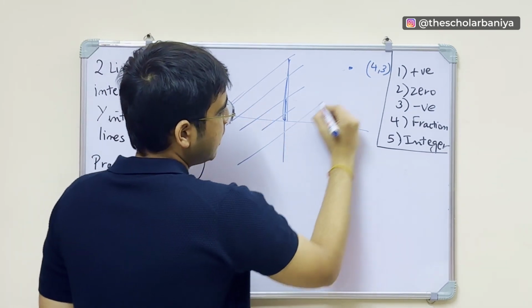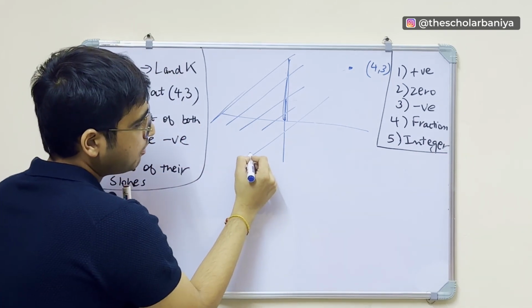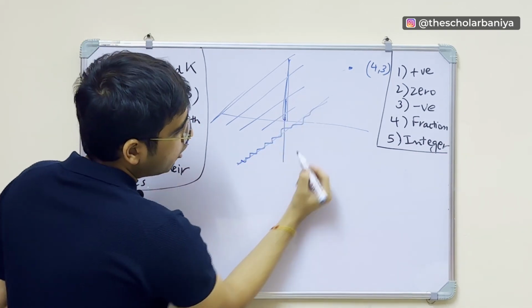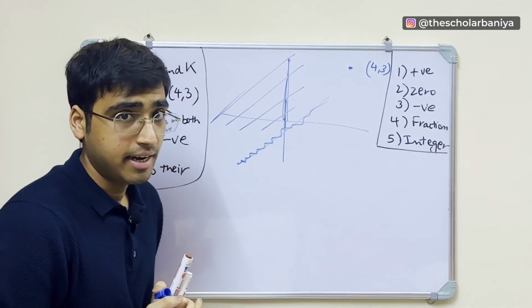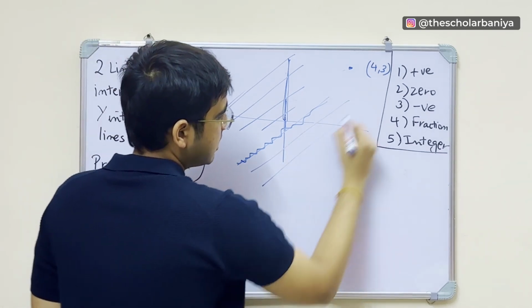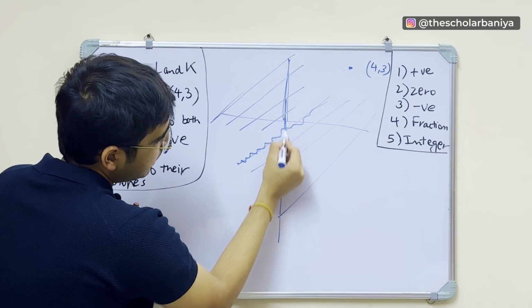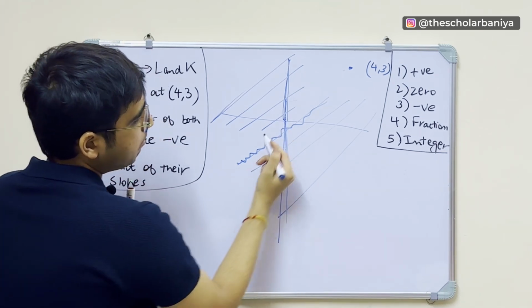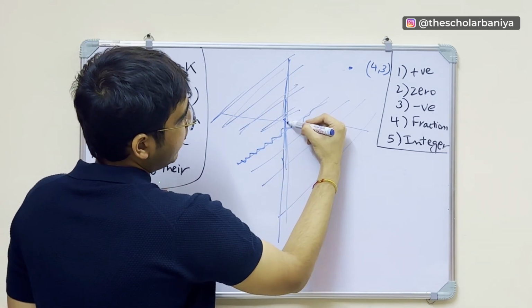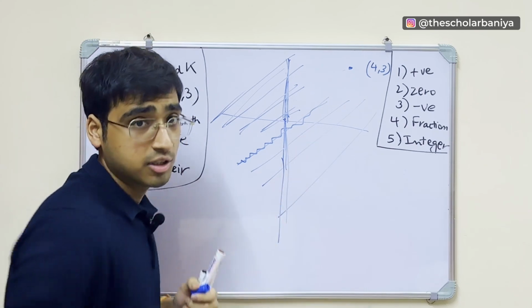For example, if this is a line, this line is possible. Why? Because if you see, the y-intercept in this is negative. Similarly, this line, this line, this line. In all these lines, the y-intercept will be negative. But in all these lines, the y-intercept will be positive.